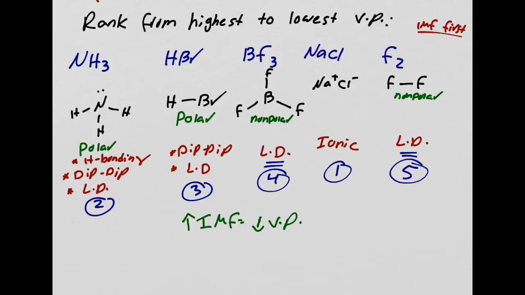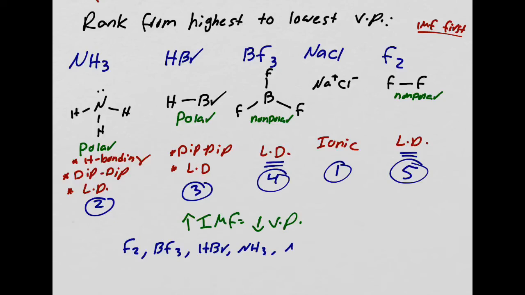So I'm going to rank it from the highest. My highest vapor pressure is going to be F2. And then after that is going to be BF3 for vapor pressure. And then after that is going to be my HBr. Then it's going to be my NH3.